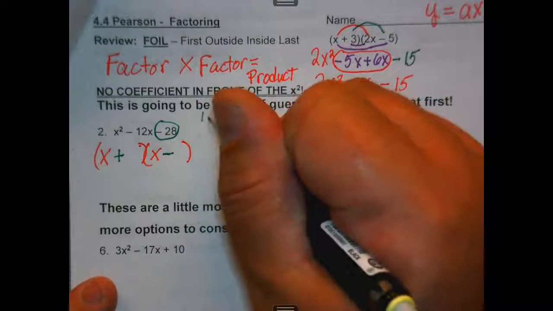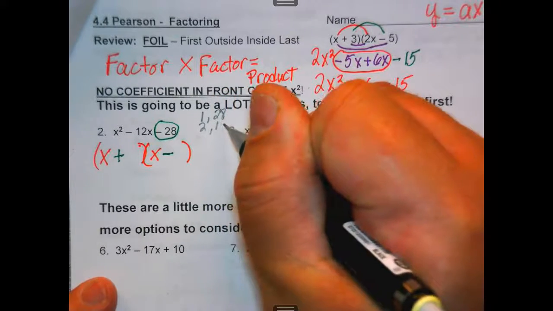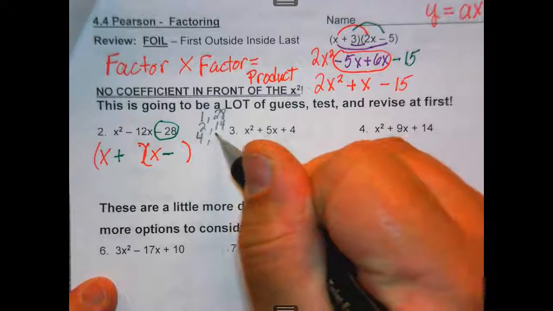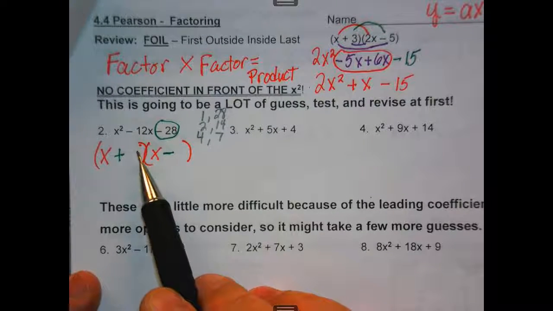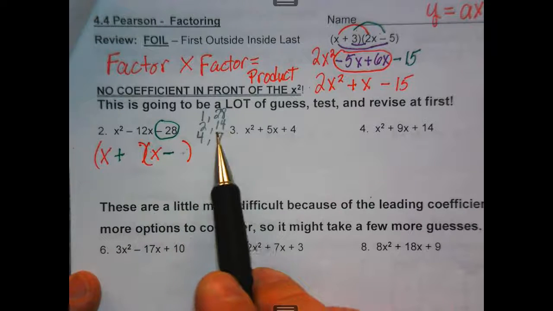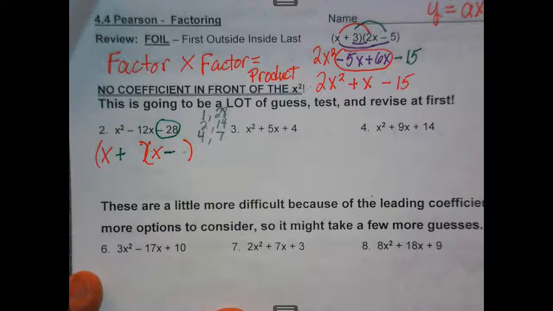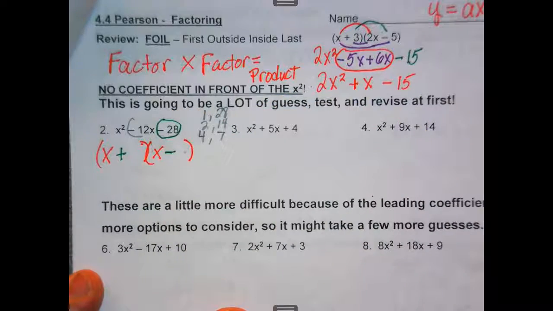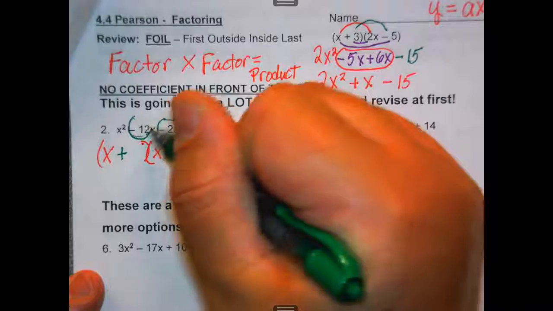So I have 1 and 28, 2 and 14, any others? 4 and 7. So, two numbers that multiply to negative 28 are either 1 and 28, 2 and 14, or 4 and 7. But I have to pick them so that they add up to negative 12. Our outer plus inner, right?